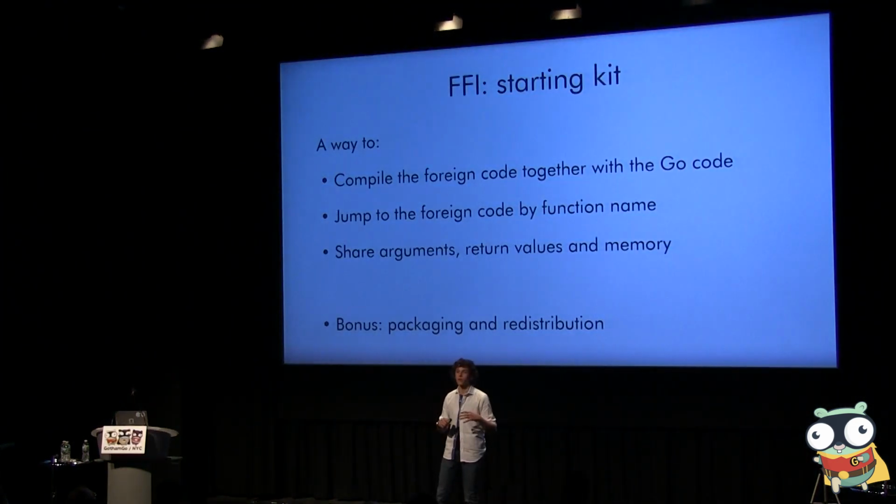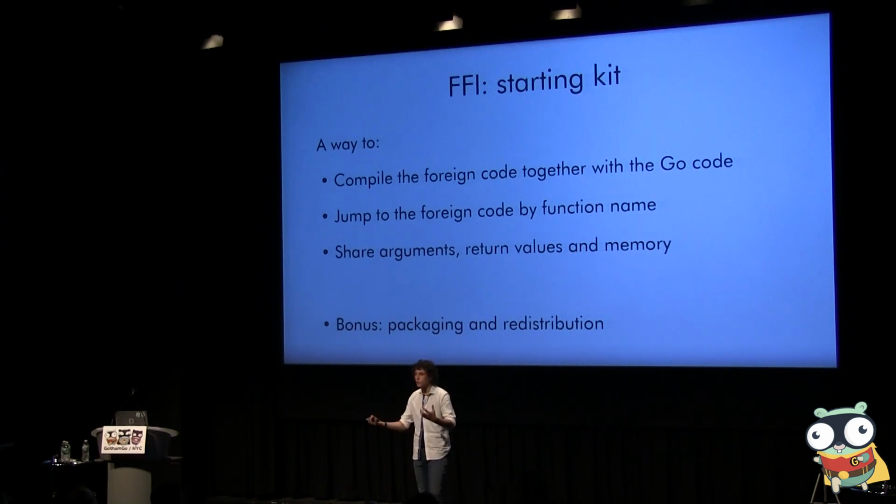An FFI is made of a few core pieces. You need, fundamentally, a way to put the code together, to make the code sit next to each other in a package, and then to end up in the same binary so that it can be executed. Then you need some way to jump from your Go code into your foreign code.